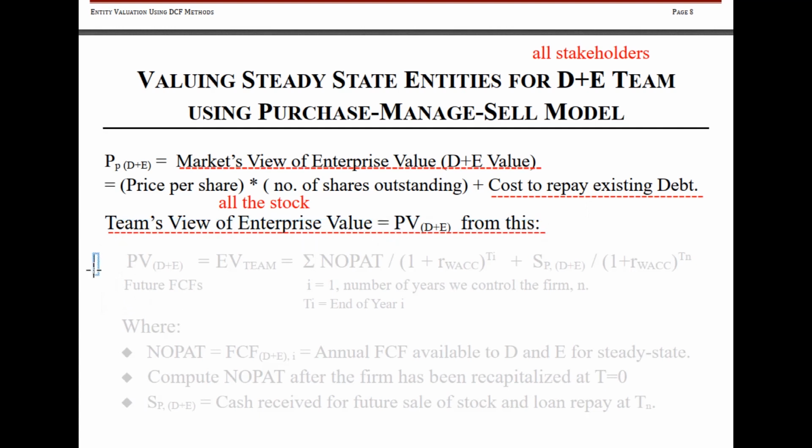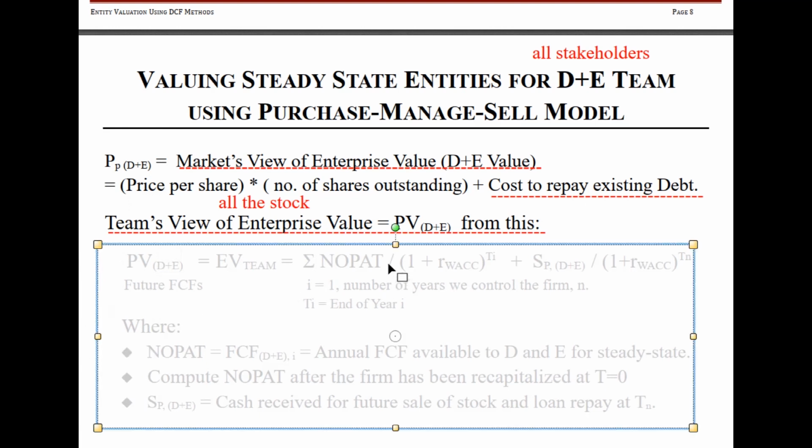So we want to compare that with our view of the enterprise value. And we want to see if our view, as usual, is higher than the market's, then we probably want to go ahead with this deal. And if not, then we probably don't.